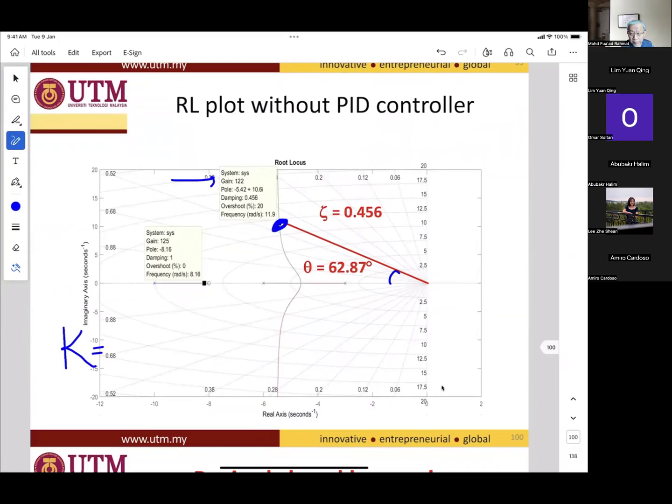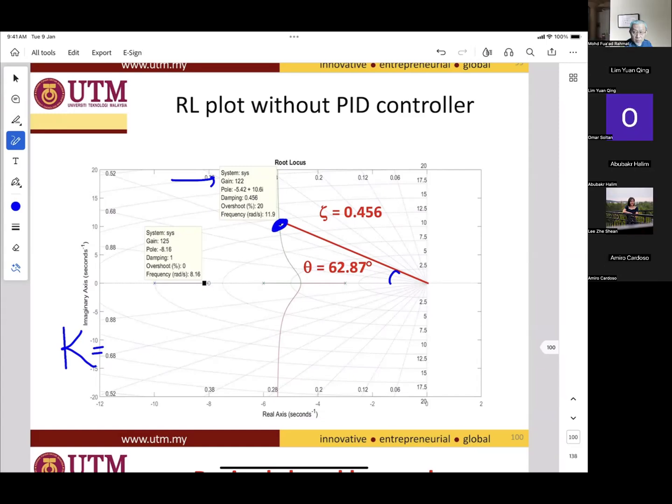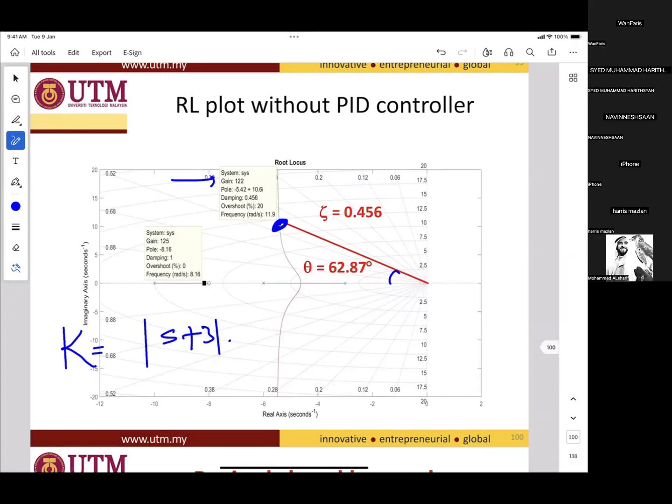But by calculations, how do you get K? How do you find K?